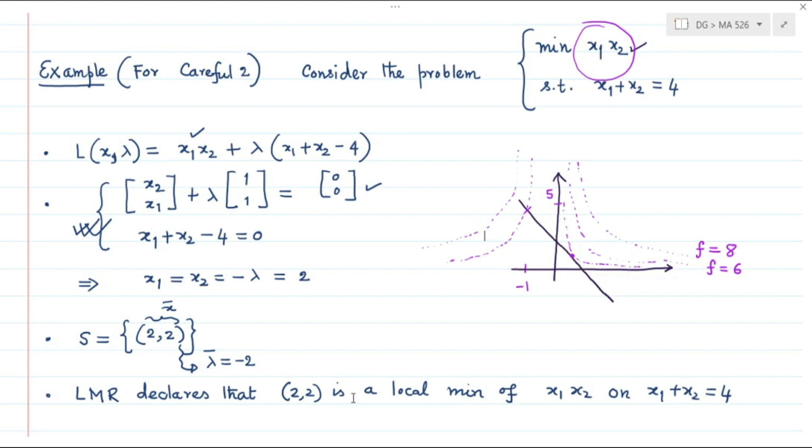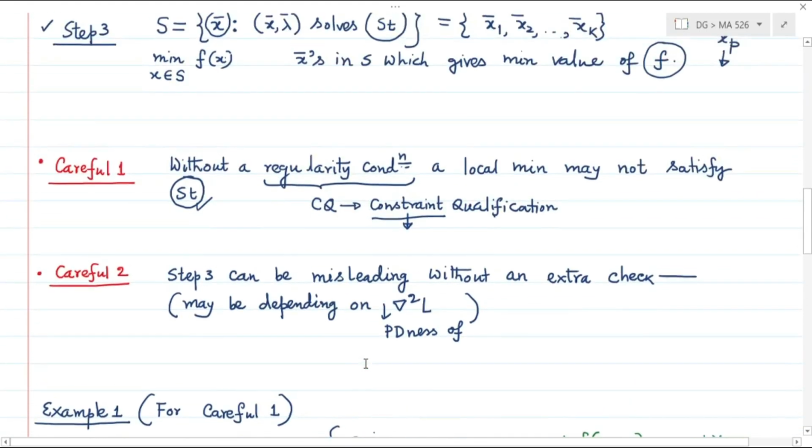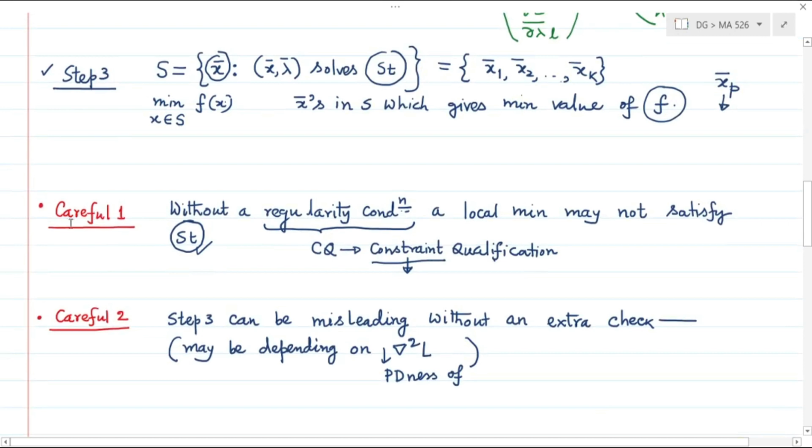So let you learn the tool and the taste of the method in Mathematics 1. Then later on the nitty-gritty of the methods will be learned in higher level courses. This optimization course is assumed to be higher level because it is floated as an open elective, and here we are now observing that in order to apply the Lagrange's multiplier method we need to be careful about 2 points, careful 1 and careful 2.